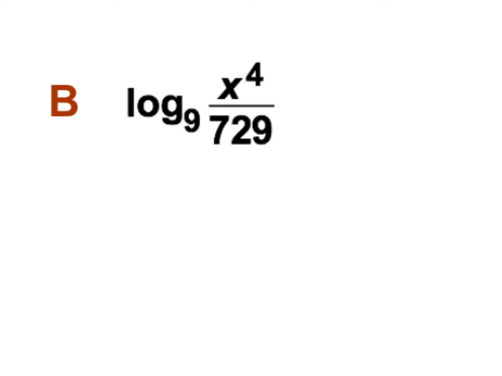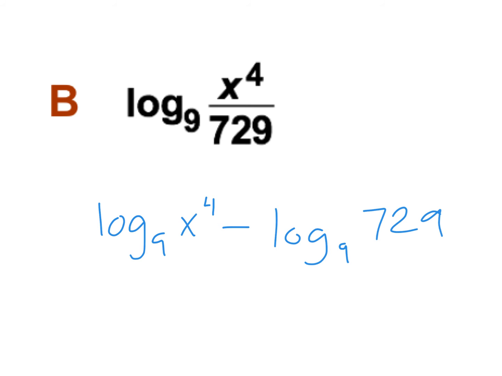All right. So we see we have division. What do we do when we are dividing? Subtract. So log base 9, x to the power 4, minus log base 9, 729. What else can we do here?